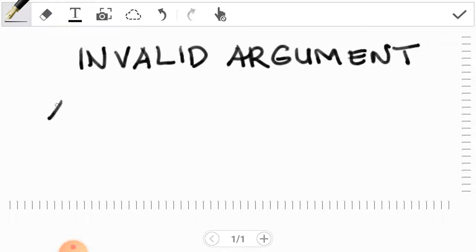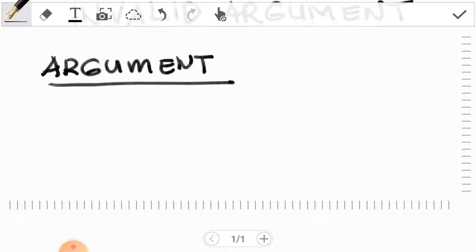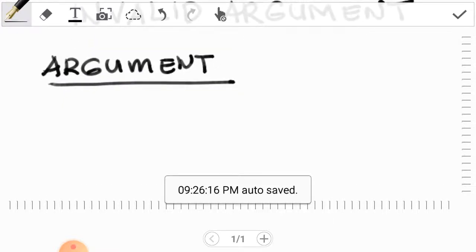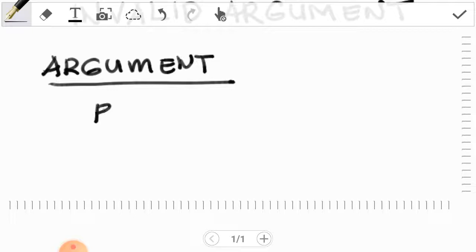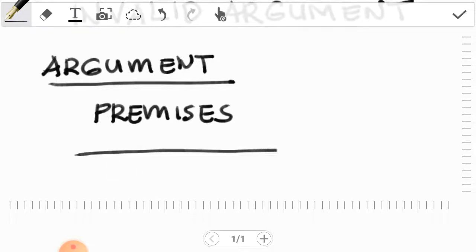As a quick review, an argument consists of two parts. It will have our premises, composed of several propositions, and then we have our conclusion.